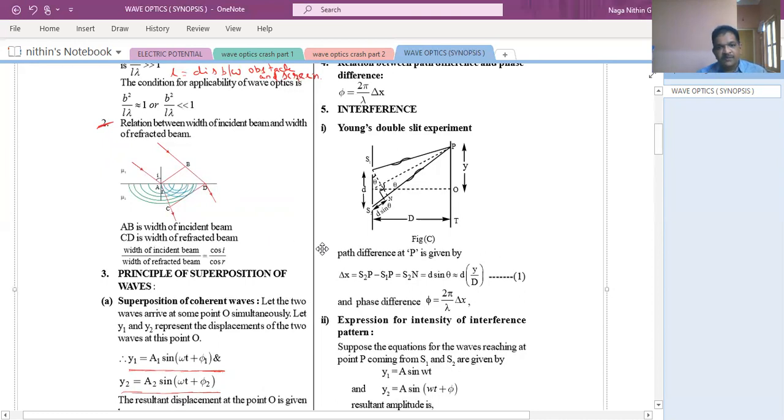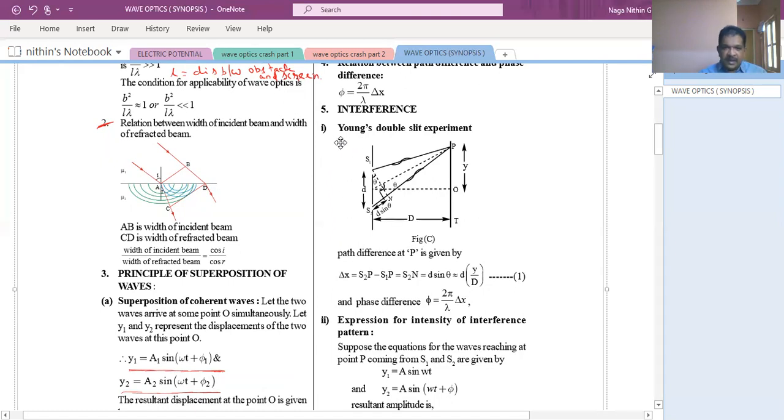Light waves coming from coherent sources, superimposed with each other and forming alternate bright and dark bands on the screen, is called interference.